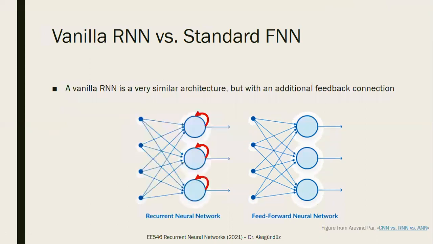Okay, so what is the difference? If you have never come across this, we talked about it in the final week of our previous course, but just to remind you, a vanilla RNN is a very similar architecture to a single layer feed-forward neural network. The only difference is some of the output is being fed back as the input. So you apply inputs, you have an output. Some of the output, or for a recurrent cell maybe all of the output, is being fed as the input.